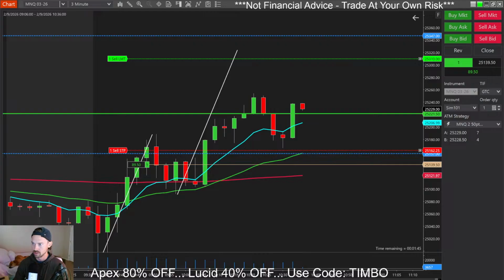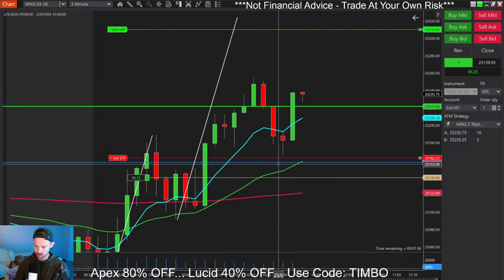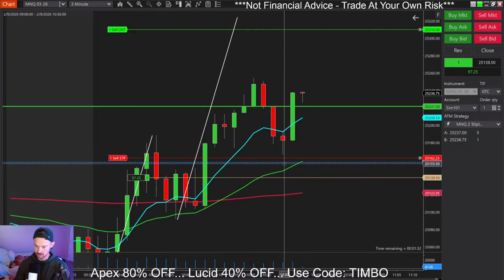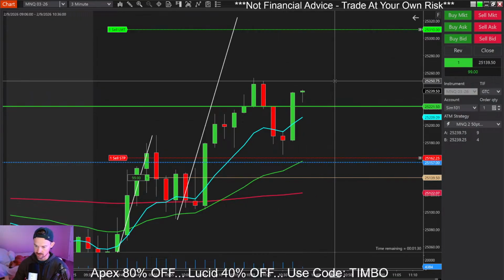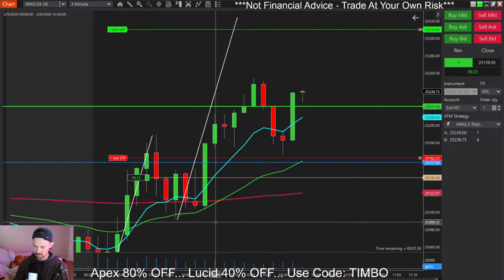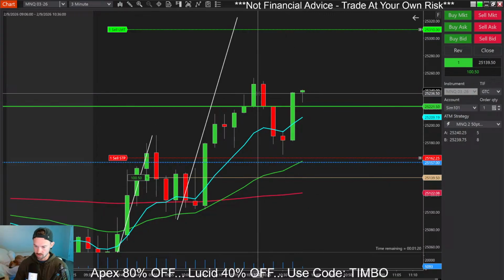I think it's important to know what can cause tilt for you. For me, if I go to break even on a stop and I give back a bunch of profits and it hits my break even and then goes back in my direction, I'll get annoyed at that. So I'd rather just leave it behind the structure and have the risk of letting it go all the way back, or just trail it out tight.